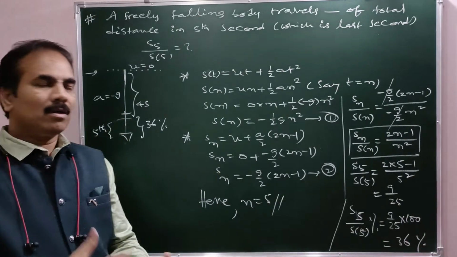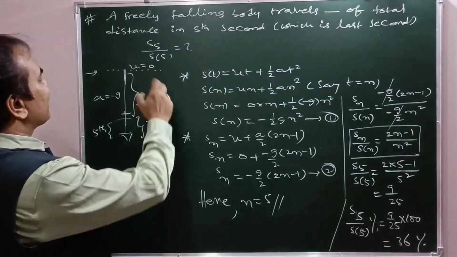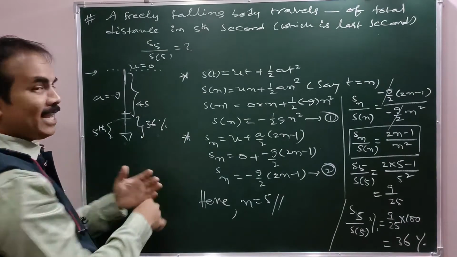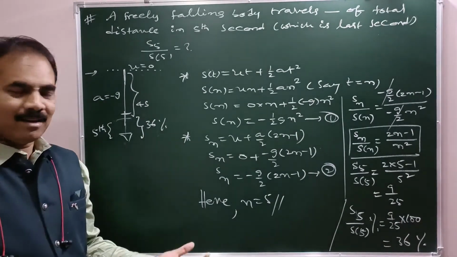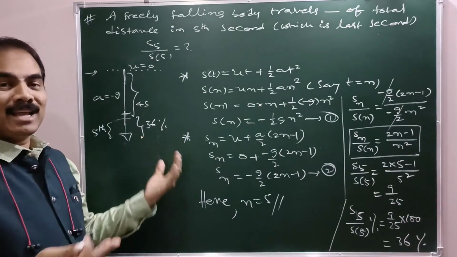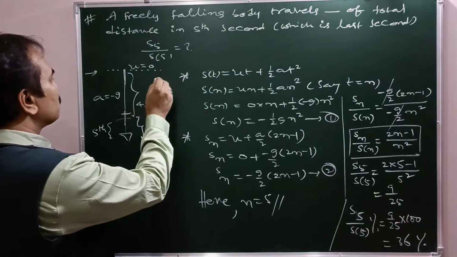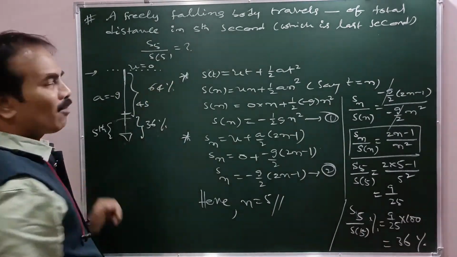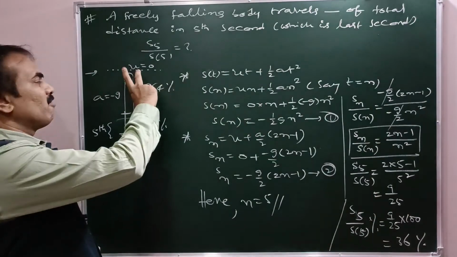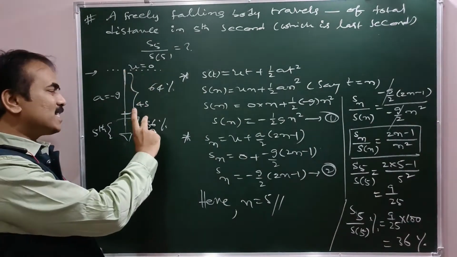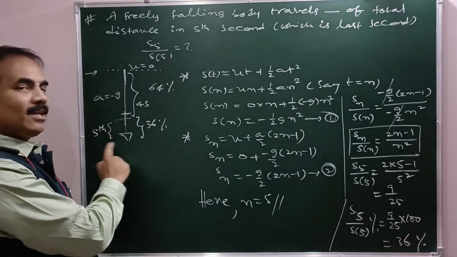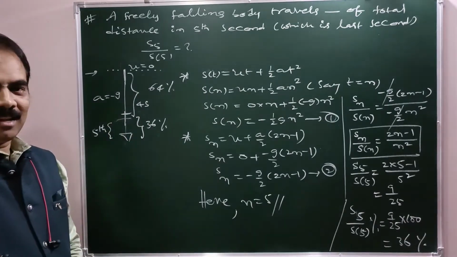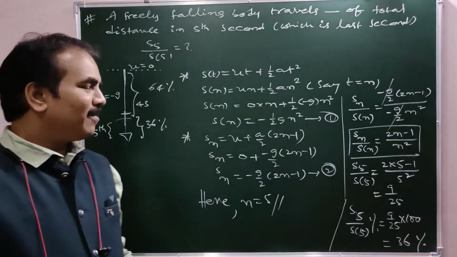So in the first 4 seconds, the distance covered means the remaining percentage. Total percentage is 100, here 36, so the remaining is 64. So 64% of the total distance is covered in the first 4 seconds, and 36% of the total distance is covered in the 5th second, the last 1 second. Right? That is the meaning.